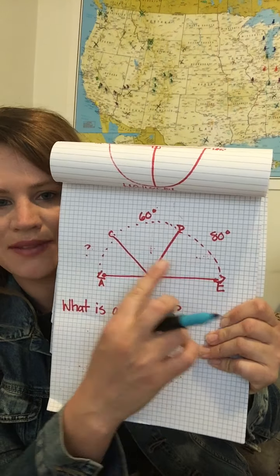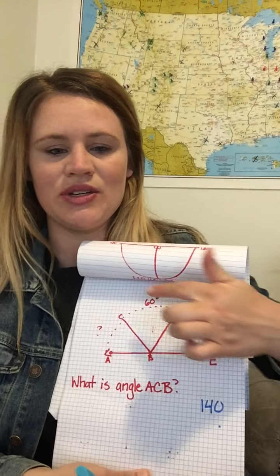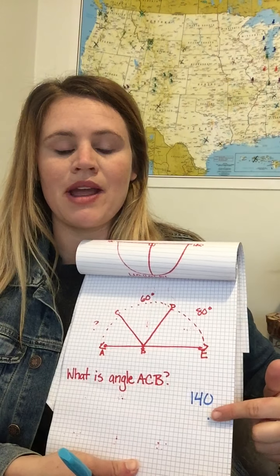Well, first I'm going to add the two angles given together, 60 plus 80, which is equal to 140. So then I want to take my 140 degrees. Again, I added these two together. Now I'm going to take my 140 degrees and I'm going to subtract that from 180.